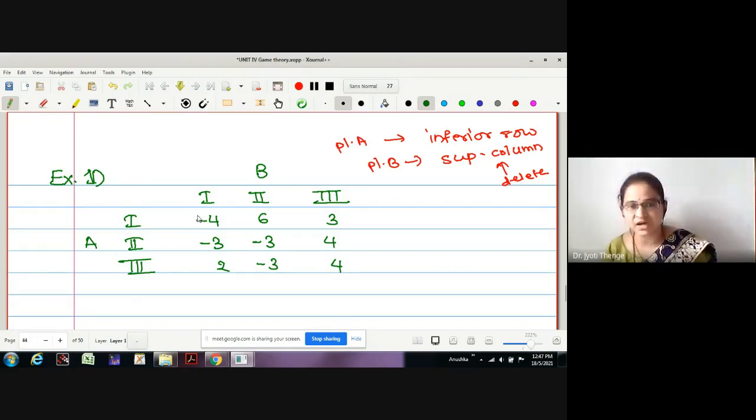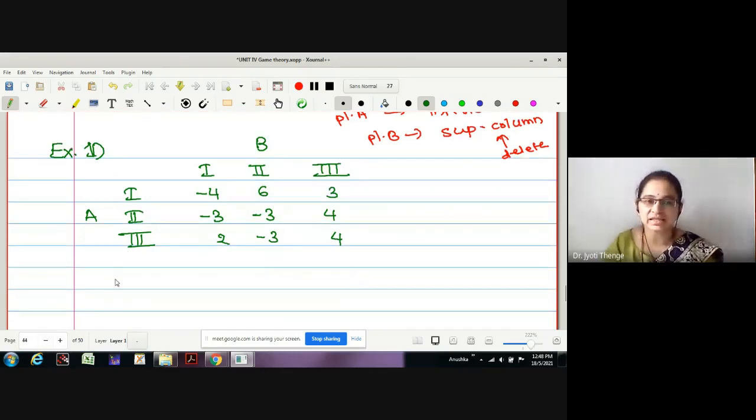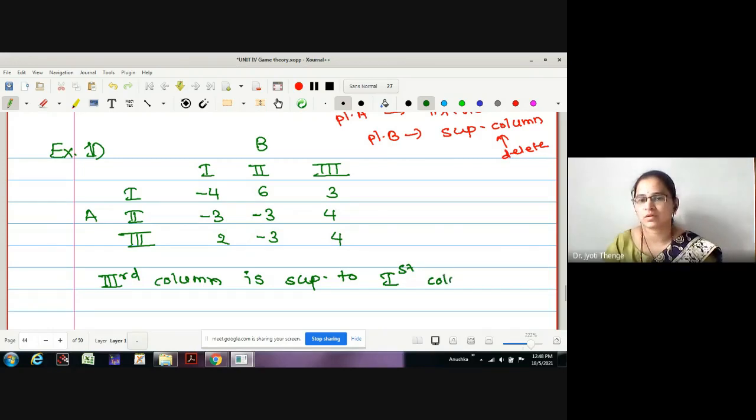Whether the third column is superior to the first: -4 is less than or equal to 3, -3 less than or equal to 4, 2 less than or equal to 4. Therefore, I can say the third column is superior to the first column. Therefore the third column is the superior column, and according to the dominance property, we can delete this third column.